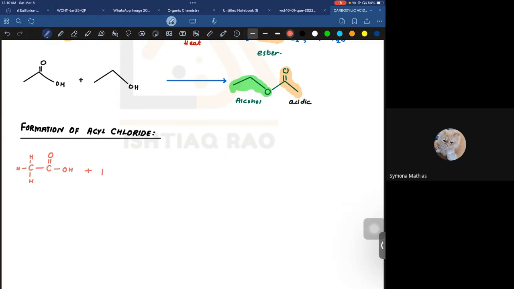I am going to react it with PCl5, phosphorus pentachloride, at room temperature and pressure. You know what the product should be? This is going to be produced, which is ethanoyl chloride, an acyl chloride, and the rest of the inorganic products are the following.